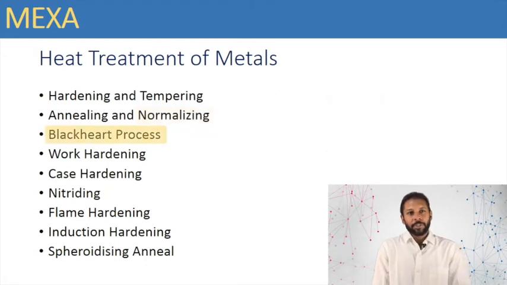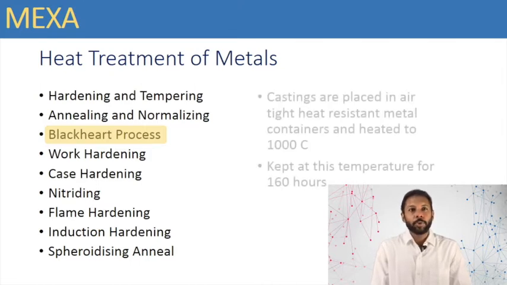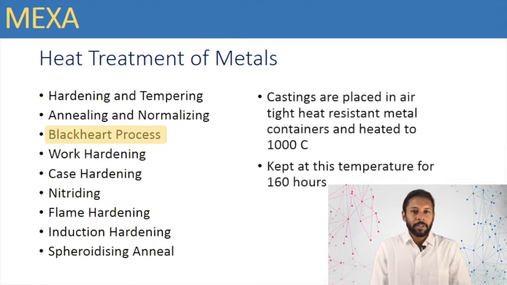Black heart process. The castings are placed in airtight, heat-resistant metal containers and heated up to 1000 degrees centigrade. They are kept at this annealing temperature for up to 160 hours or so, depending upon material analysis.